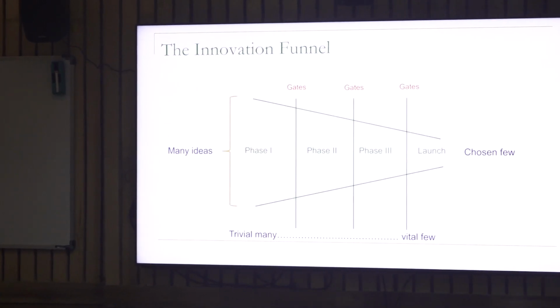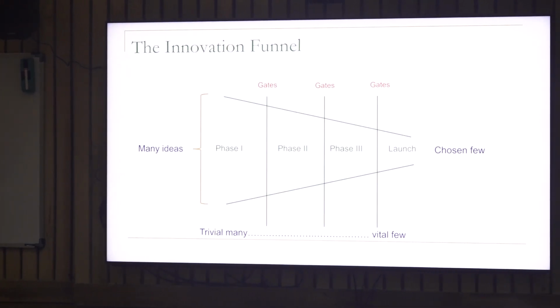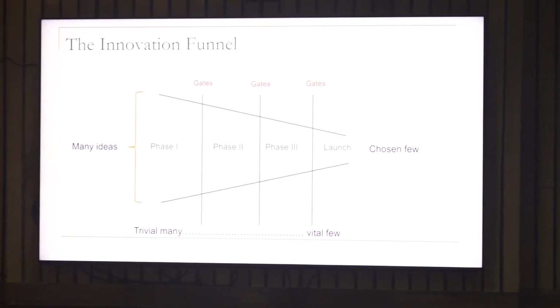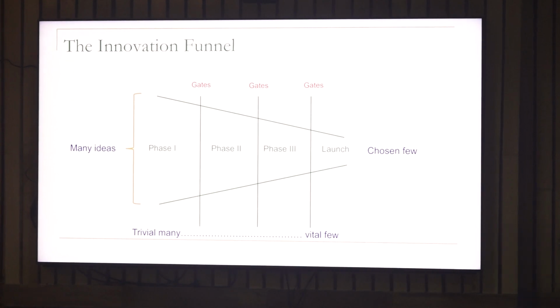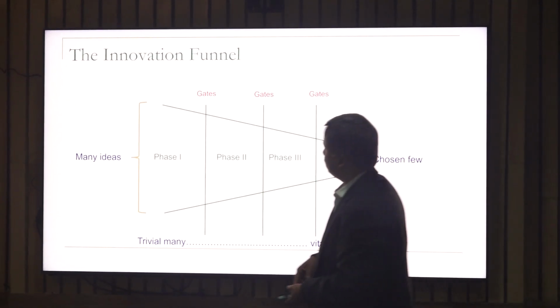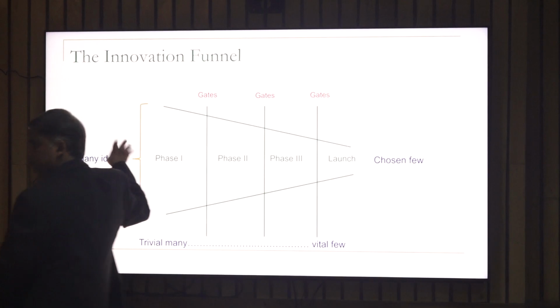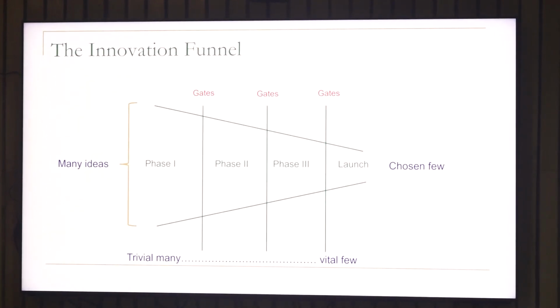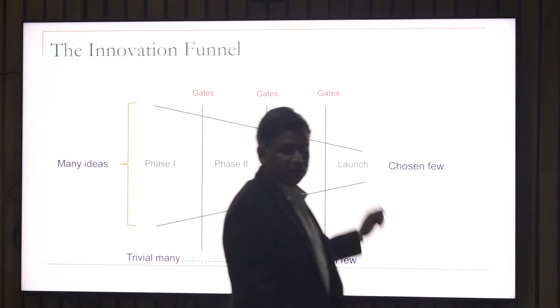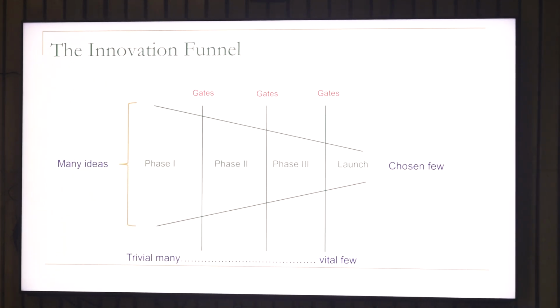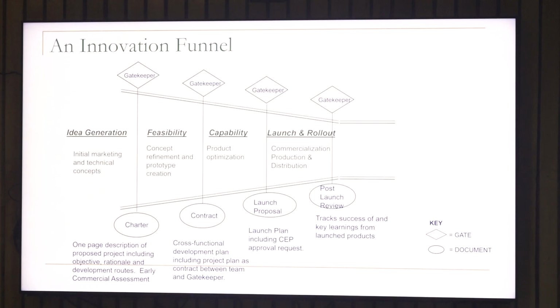Then this is simple. If we have any problem, someone said parents will not spend 500 rupees, they will not go more than 100. So phase 1, phase 2, phase 3, and finally this. Then idea generation, feasibility.